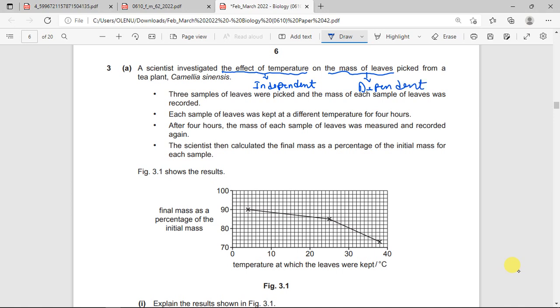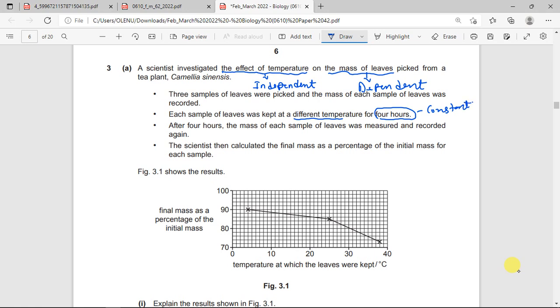Now, 3 samples of leaf were picked, and the mass of each sample was recorded, and each sample of leaf was kept at a different temperature, that is what we are changing, for 4 hours. So 4 hours is a constant in this case, which makes it a fair test.